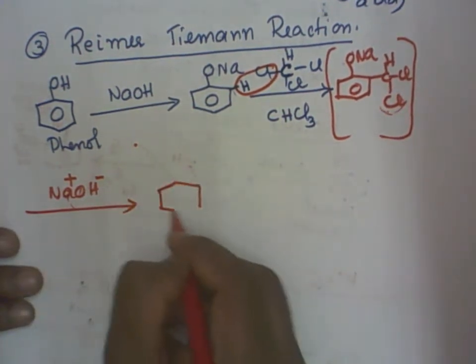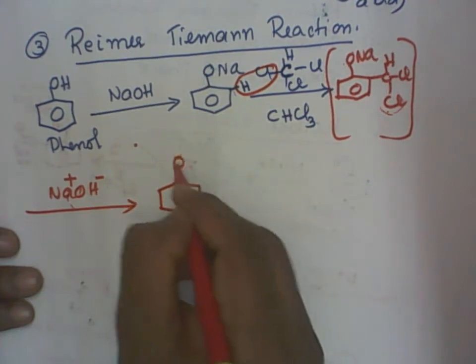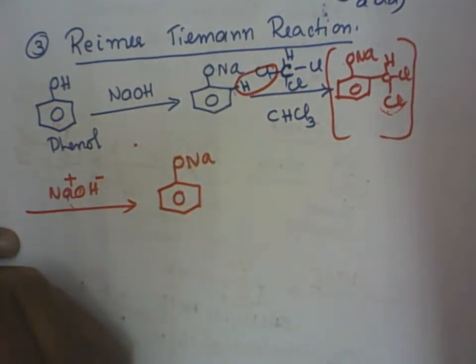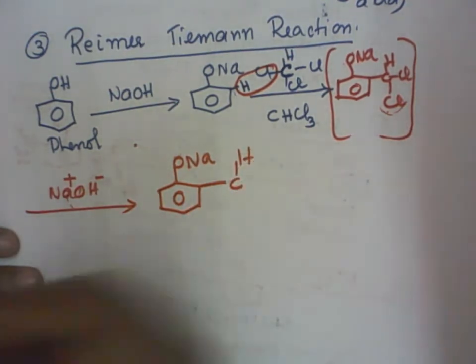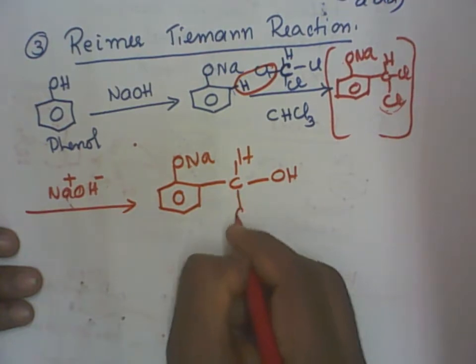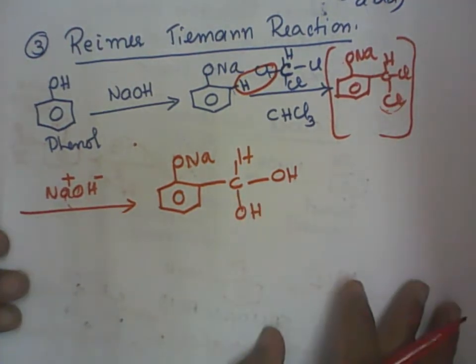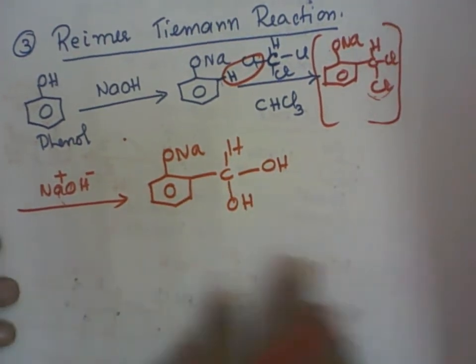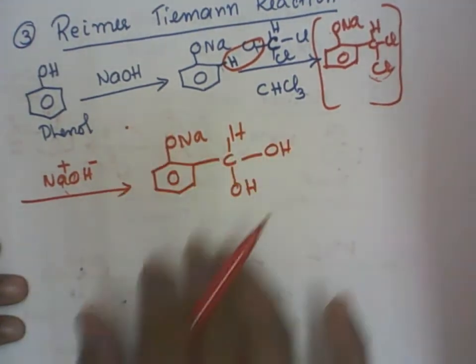Therefore, I am going to get the benzene ring attached to ONa as usual, then attached to the carbon atom, attached to the hydrogen, then instead of Cl, the OH. But there is a problem here.